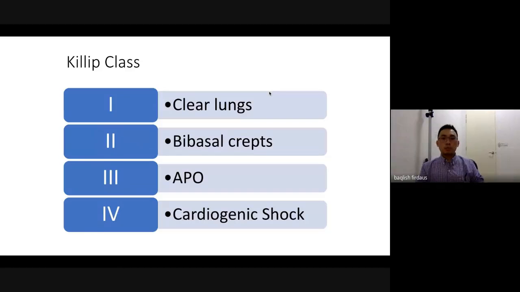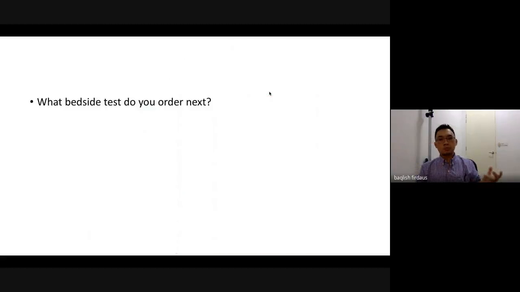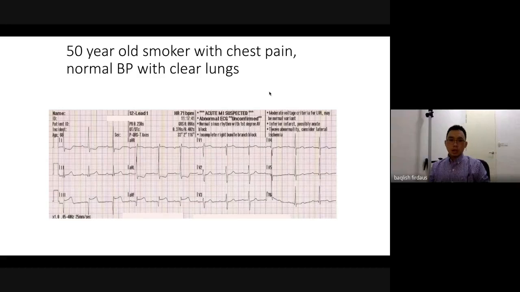So it's very important whenever you want to refer to a cardiologist or anyone else, you must tell your superior regarding the Killip class. For example, when you call me from your district hospital: I have a 50 years old smoker who presented with chest pain.